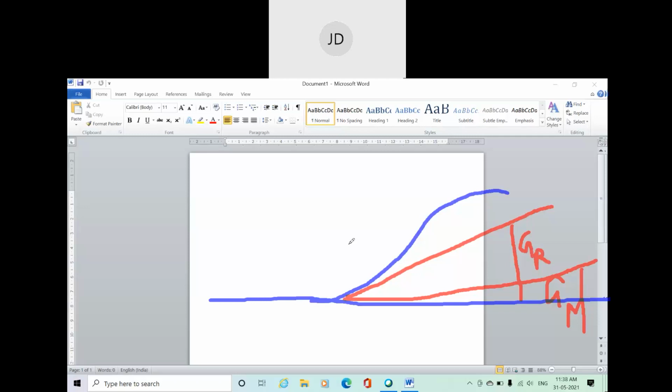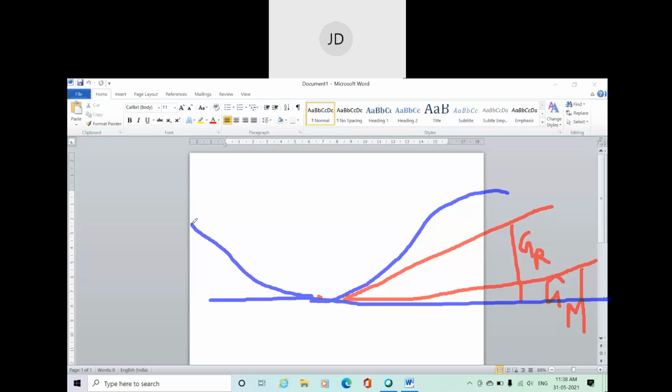And it is possible only if there is a combination of an upward gradient as well as a downward gradient. That means what is momentum gradient? Where there is a combination of downward and upward gradient, the momentum gradient will be used.